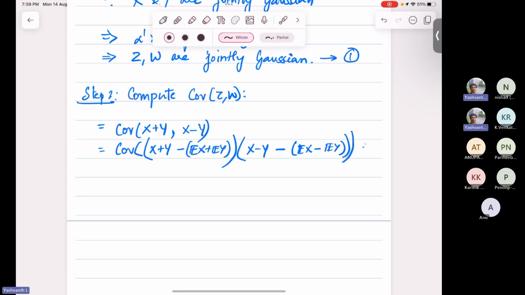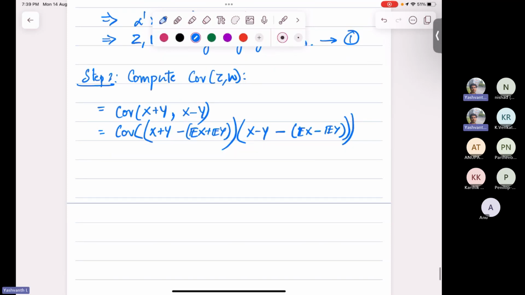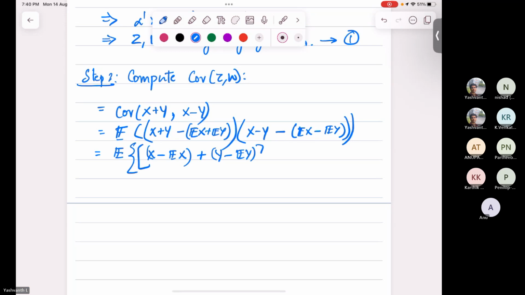I'm sorry, this is an expectation, no more covariance. This is the expectation of x minus expectation of x plus y minus expectation of y. I'm just grouping them within the first term. Similarly, in the second term, x minus expectation of x minus y minus expectation of y.